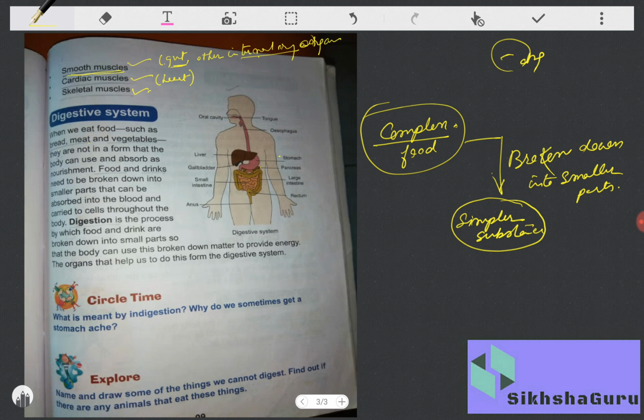It's a very small particle, and it can be absorbed into the blood and carried to the cells throughout the body. So the body needs to reach these nutrients or the food particles to all parts, so that it can get nourishment or the energy.